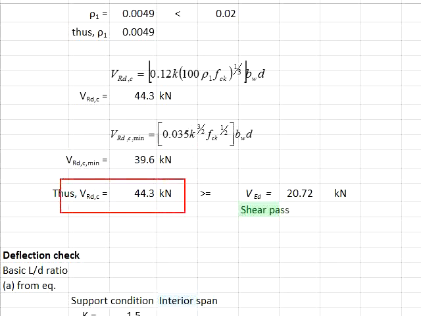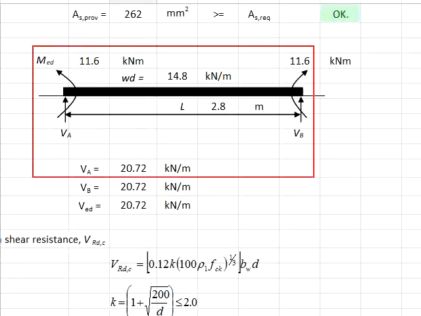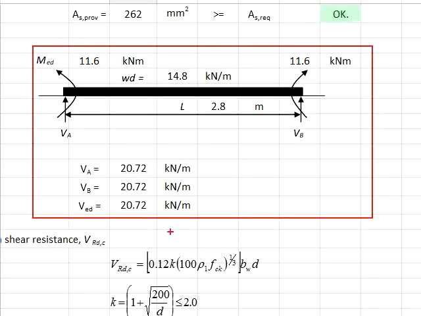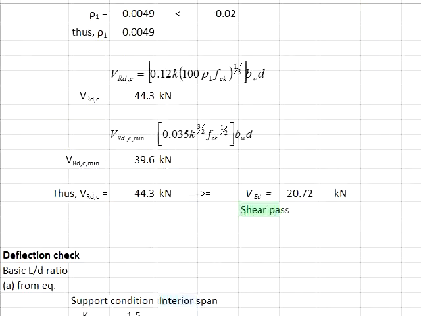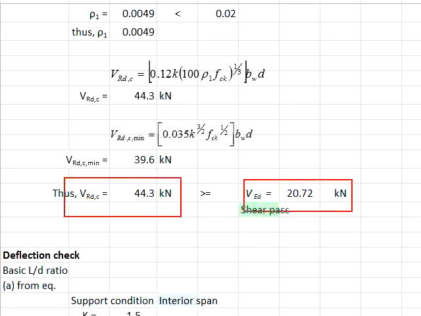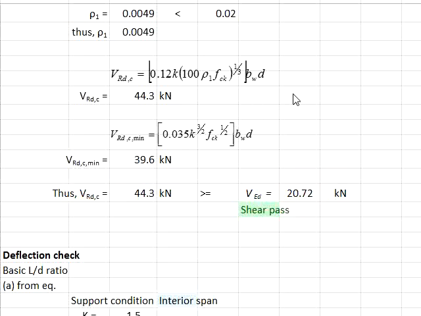This resistance is to be compared with the shear loads which we calculated earlier. From the free body diagram here, we know that the VEd is 20.72. Now our shear resistance here is greater than the shear loads. That means it doesn't require additional shear reinforcement for the staircase.